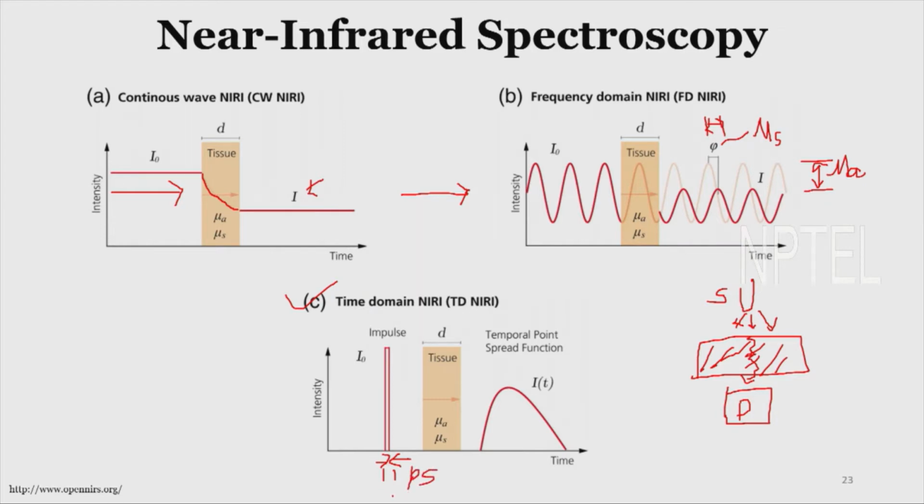As you have already seen in my earlier lecture, the photons passing through the tissue undergo a large number of scatterings before they pass through. Some photons undergo less scattering and reach very quickly, and there are some photons which scatter a lot and reach the detector very late.